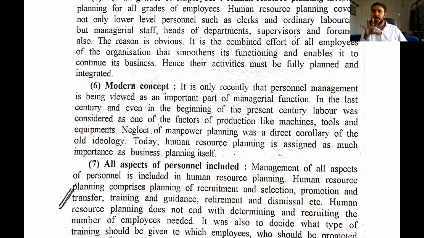So, guys, as we have already seen this point in our previous chapter, in the previous century labor is considered as a tool of production like machinery, land. So as the other tools of production are, labor or the manpower is also considered as only a tool of production. Labor was not given much importance in the past, but human resource planning is a modern thing.